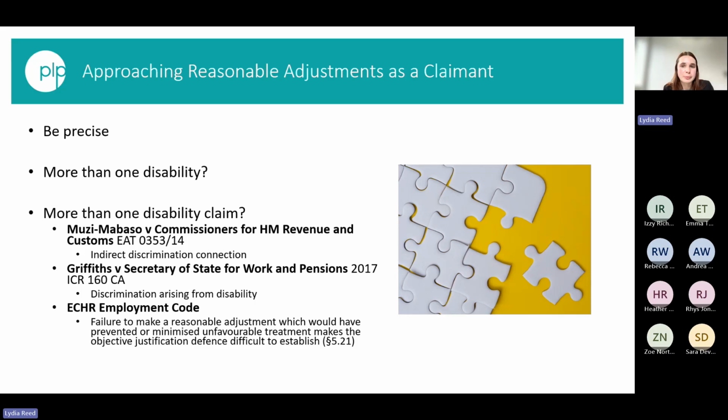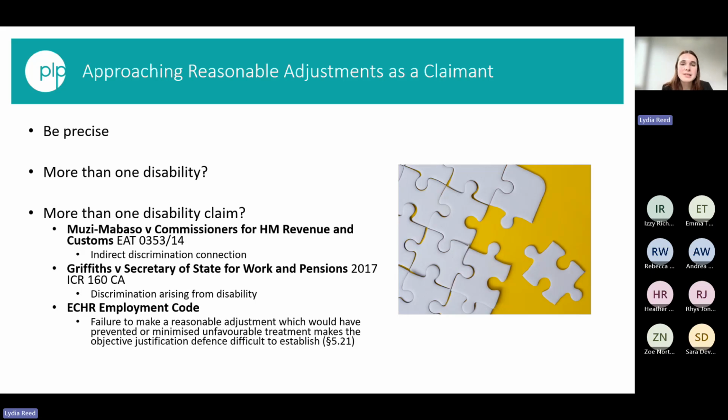If there are multiple PCPs, consider whether there is more than one substantial disadvantage, and if there's more than one adjustment, or ask, is it possible to be mopped up altogether? Does it have one effect rather than two? And is that effect perhaps a cumulative one because of both of the PCPs working together?